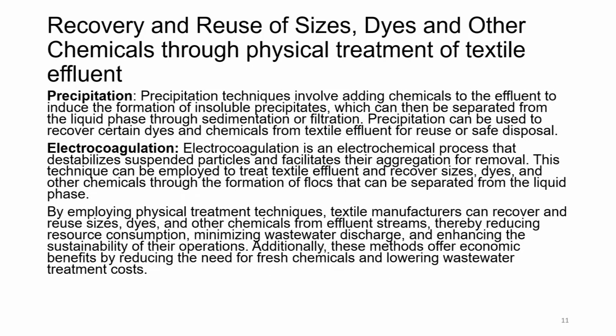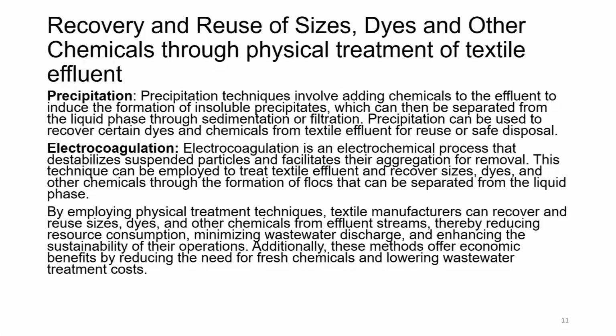By employing physical treatment techniques, textile manufacturers can recover and reuse sizes, dyes and other chemicals from the effluent stream, thereby reducing resource consumption, minimizing wastewater discharge and enhancing the sustainability of their operations.